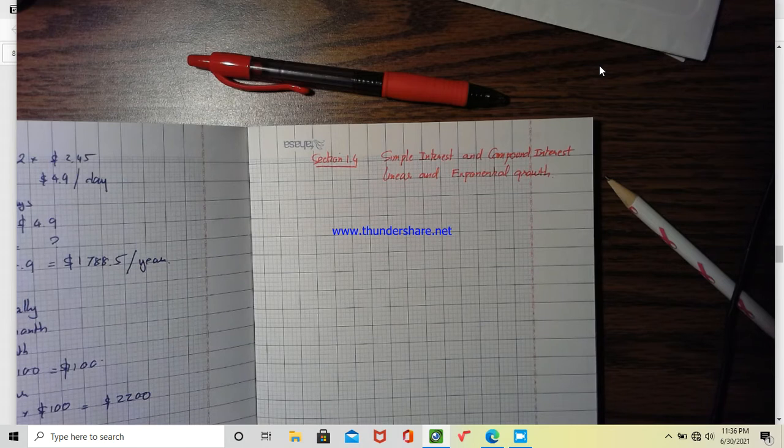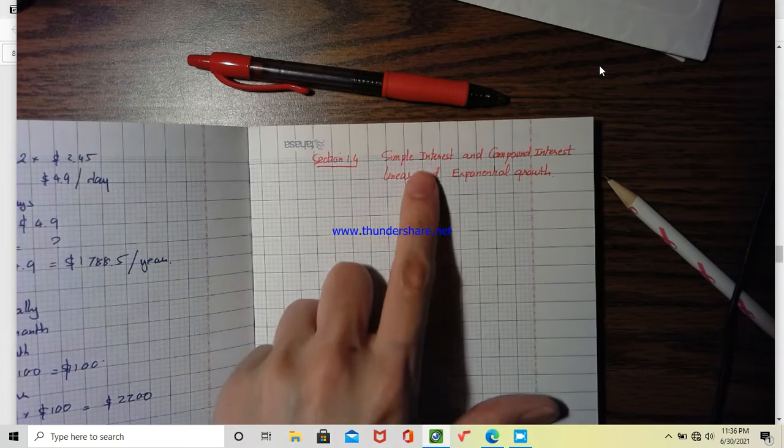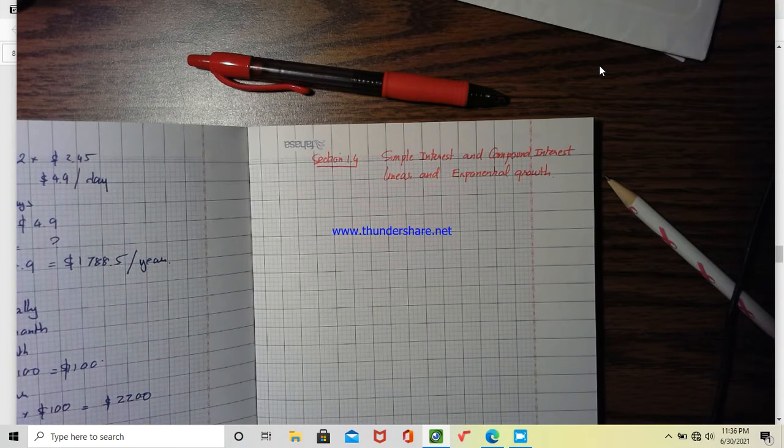Simple interest and compound interest are the methods the bank uses for you to make money when you deposit your money into the bank. As far as I know, most banks use simple interest. Compound interest, I believe, is not for a saving account or checking account.